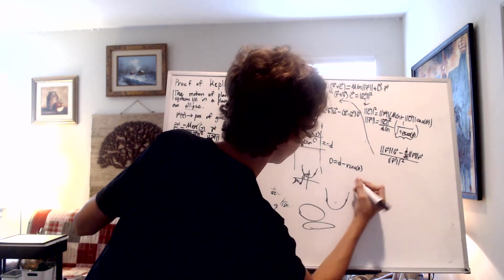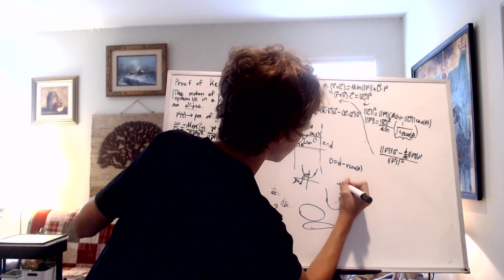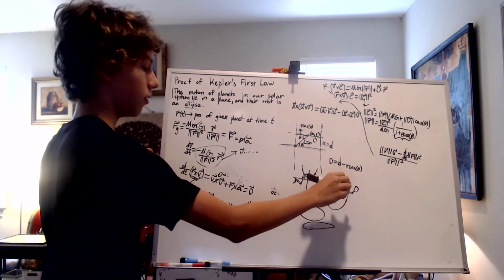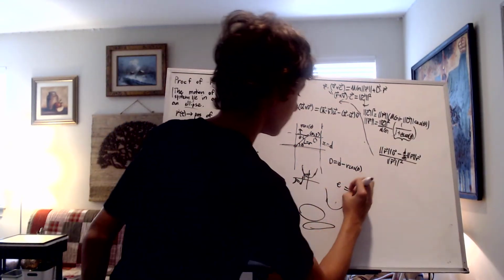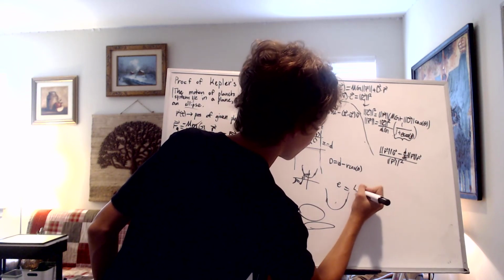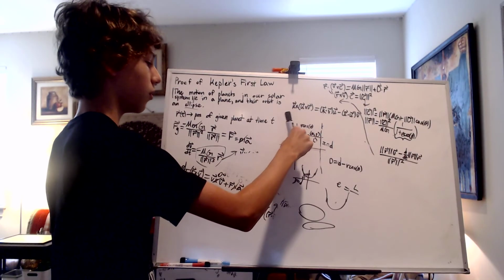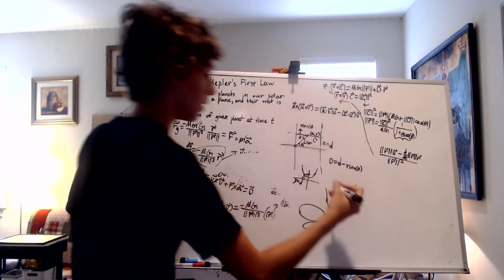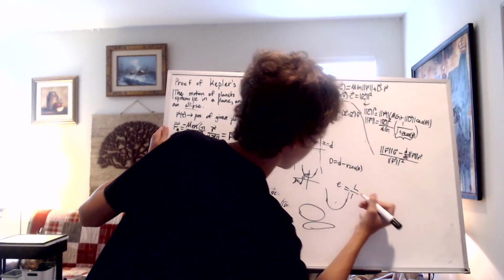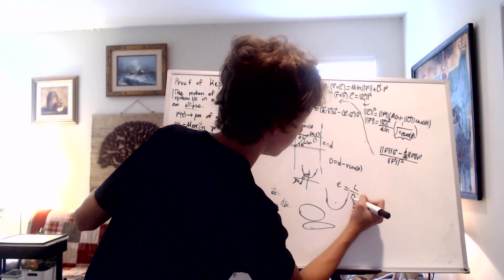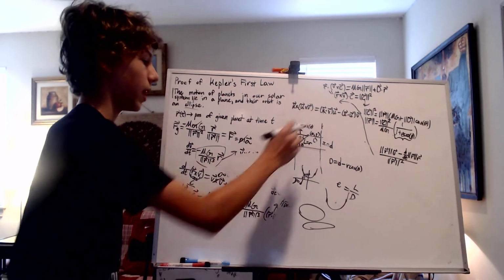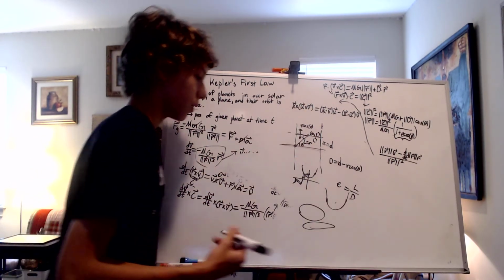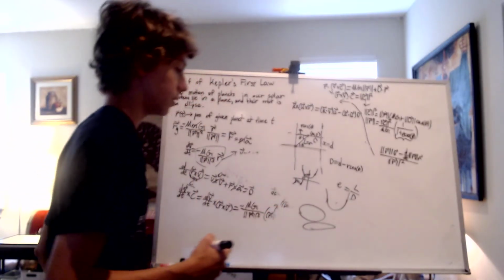It's just going to be the distance. Eccentricity, which we denote with E, is the ratio of the distance from the focus to a given point on the conic to the distance from that point to the directrix of the conic. So that's how the directrix comes into play.